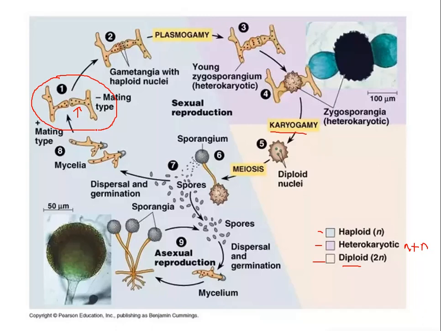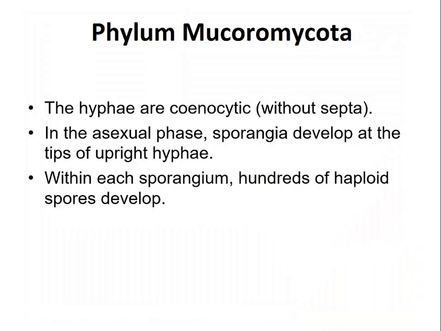Good. The answer is it has cenocytic hyphae. So for phylum Mucoromycota, the hyphae are cenocytic, which is without septa.